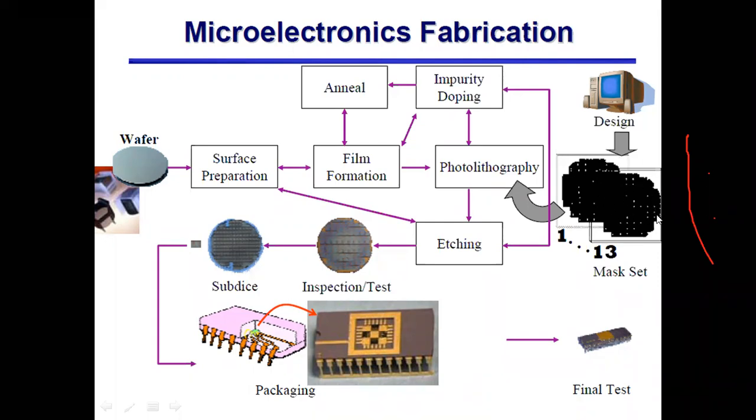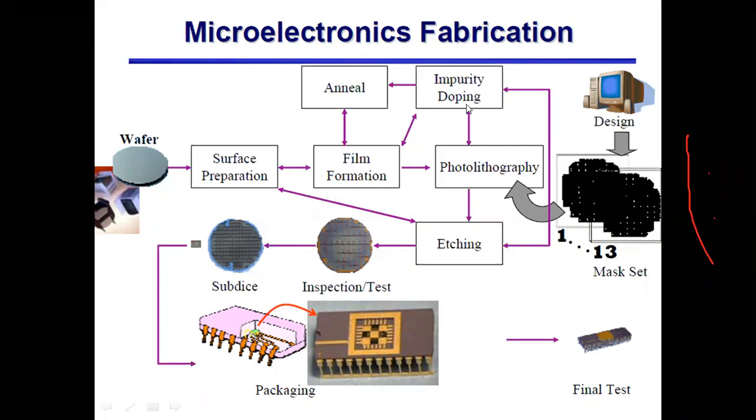On the mask you put the shapes of features which you want to transfer to the substrate, and that is done with photolithography. We will study photolithography in detail, but just remember that with photolithography, the features on the mask are transferred to the substrate.